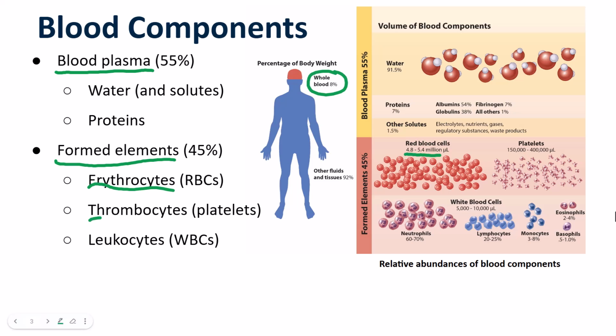There are also thrombocytes, which you may know better as platelets. Platelets may be found in 150,000 to 400,000 units per microliter. And then finally, we have leukocytes, or white blood cells, which are the least abundant formed element at between 5,000 to 10,000 cells per microliter.